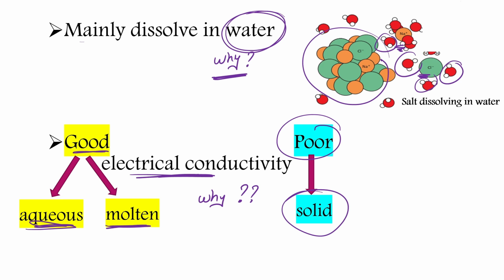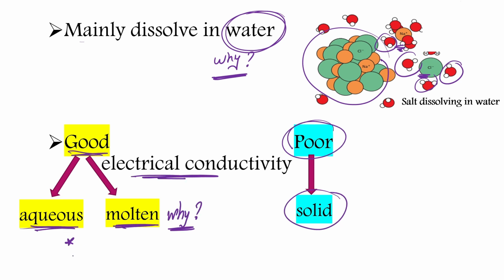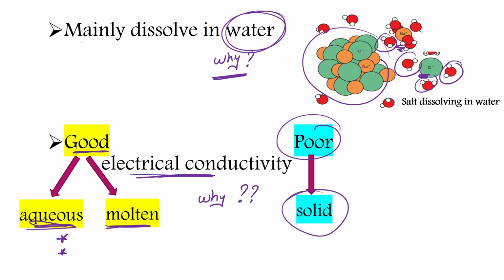Because in a molten state or in aqueous solution, the forces of attraction between the ions become weak, and the ions are free to move to the appropriate electrode, and this allows the electric current to be passed through the molten compound or the aqueous solution. On the other hand, they have poor electrical conductivity when in the solid state because ions are not free to move when they are in the solid state.